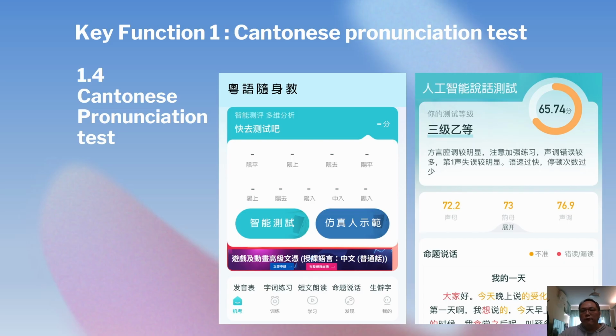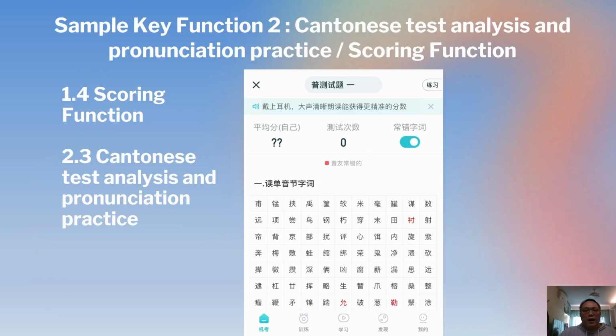So within 4 minutes they take the test, and after the test they will get instant results on how many scores they get from the test, and they can do it anytime, anywhere, and unlimited tests. Okay, and also they will have some scoring function as well.